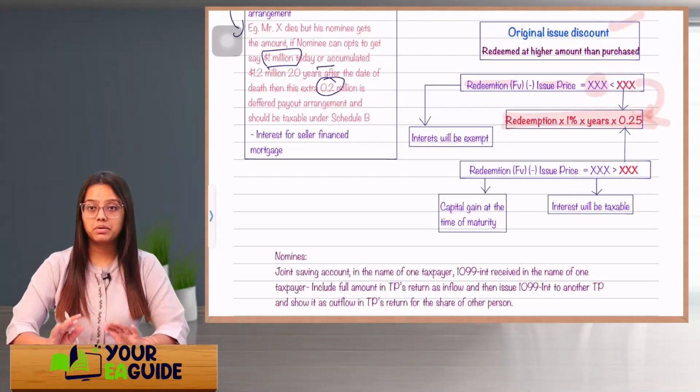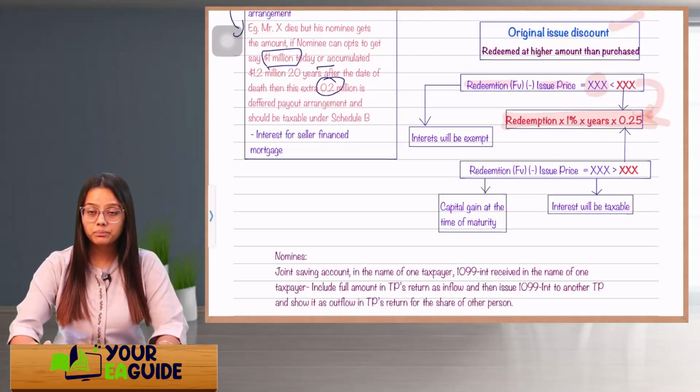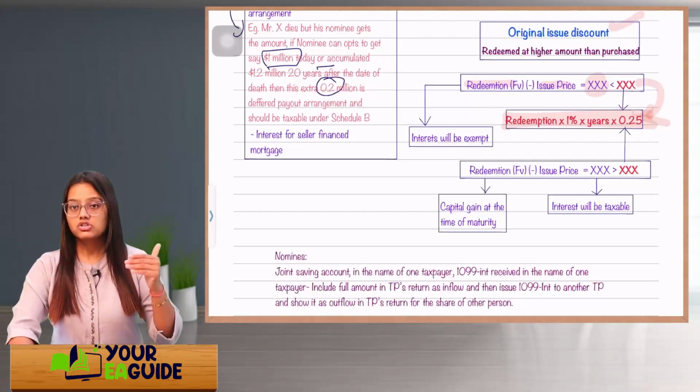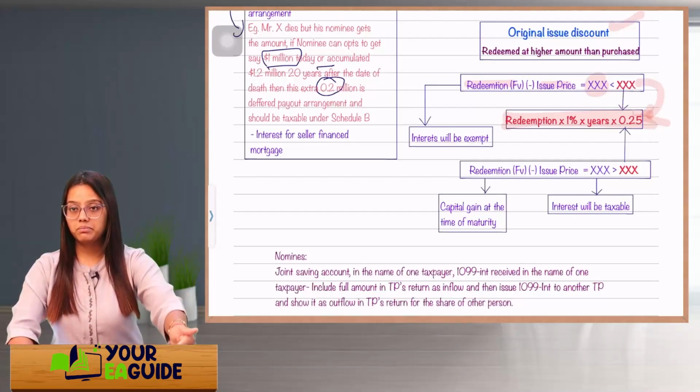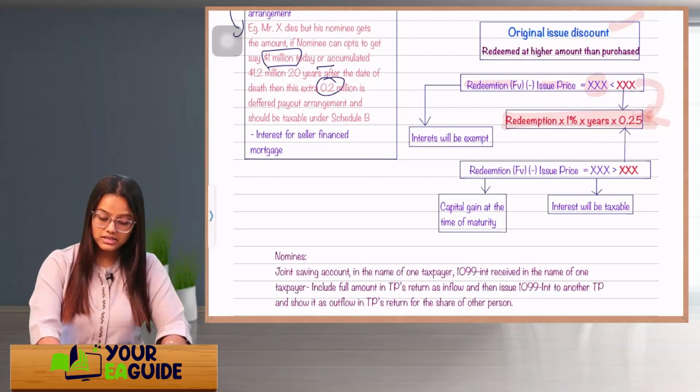If you can remember, that's good. Take the face value, that is the redemption value. Let's say it's a 5-year bond, and the redemption value is $100. Right now you bought it at $50. So $100 times 1% times 5 years times 0.25. This is your limit.